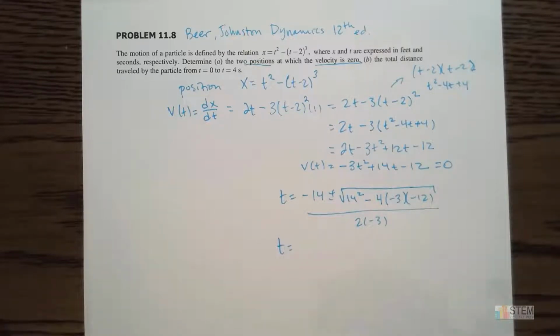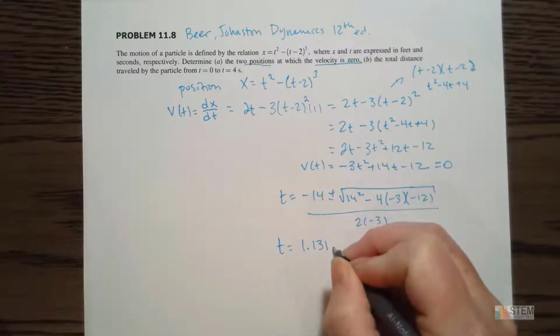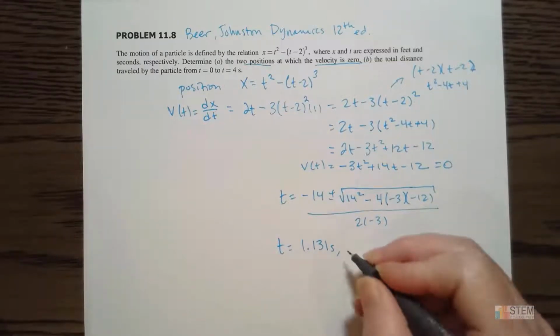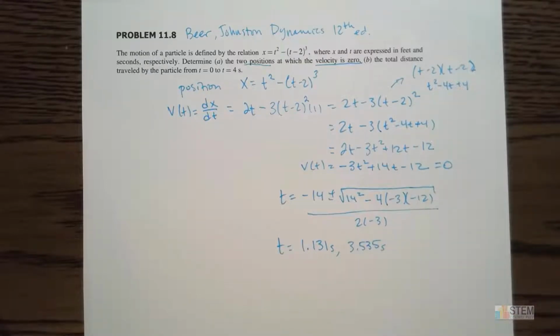So we get 1.131 seconds, and then we get 3.535 seconds. At both of these times, velocity equals 0.